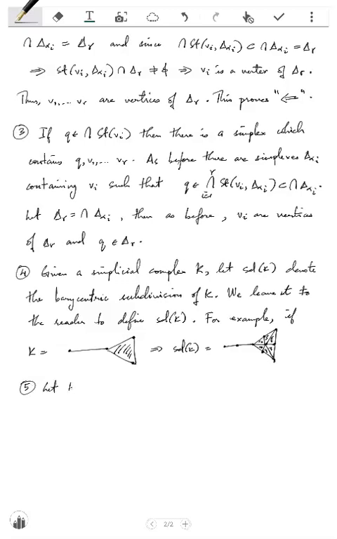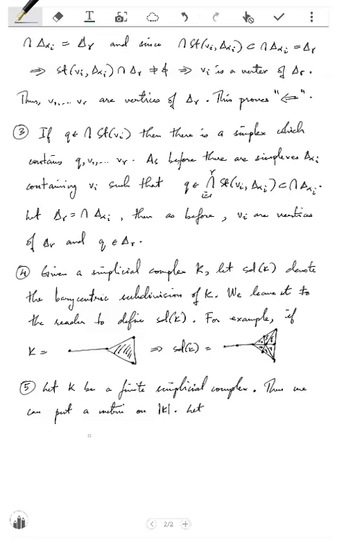Let K be a finite simplicial complex, then we can put a metric on K, on the geometric realization.